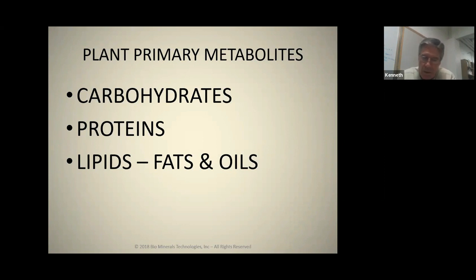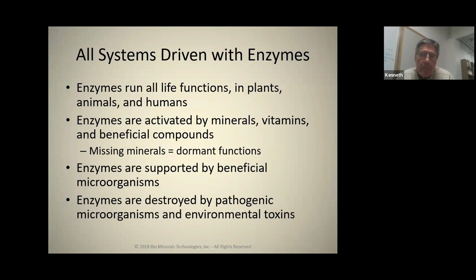And so as we look at this, you have carbohydrates, proteins from amino acids, we have lipids and oils. All of our living systems run on enzymes. We don't breathe, we don't think, we don't move muscles, we don't process thoughts without enzymes running this.